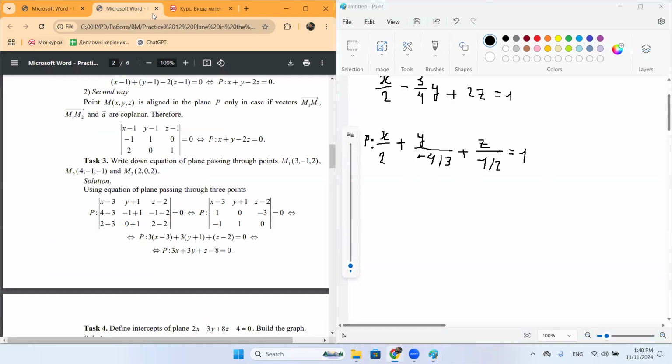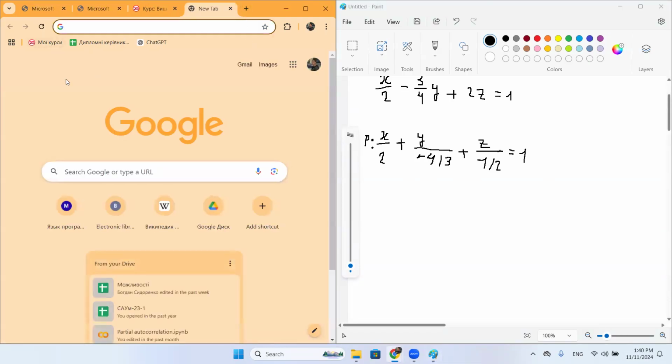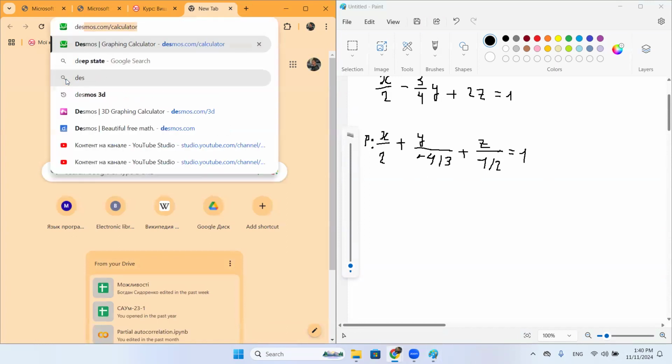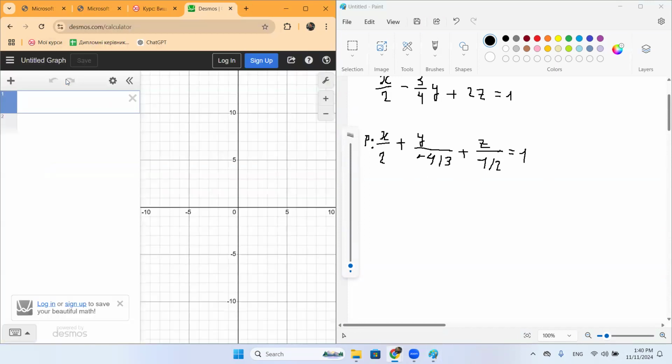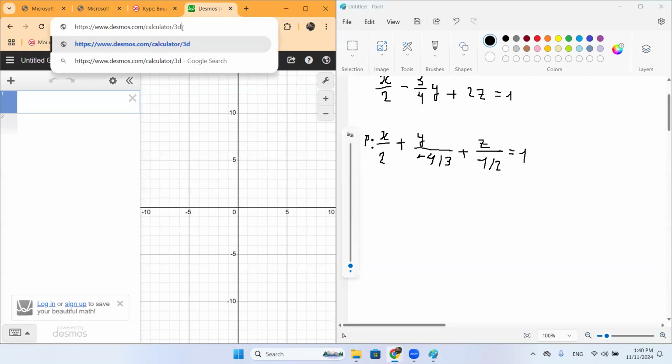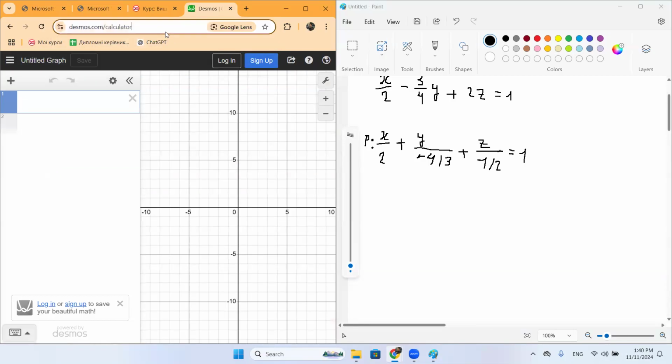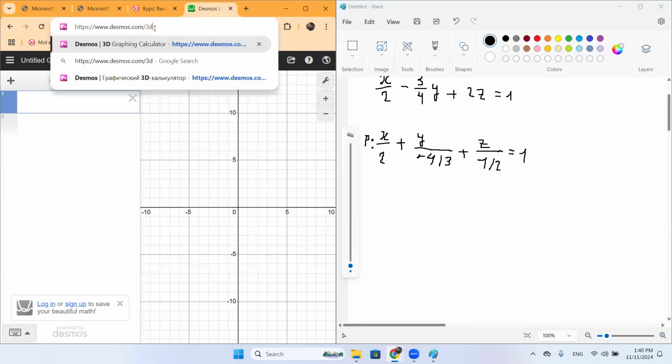And now let's build the graph. Of course, we won't do it by handwriting. We need to build it in 3D. Not the calculator, but 3D.